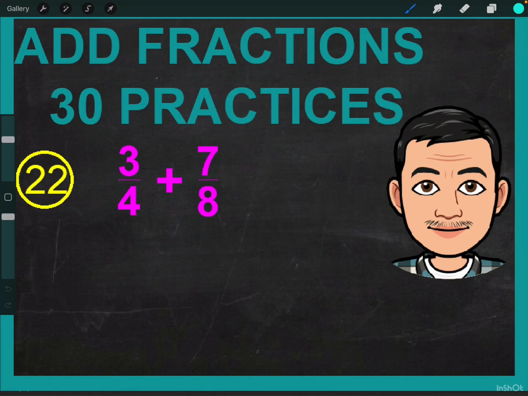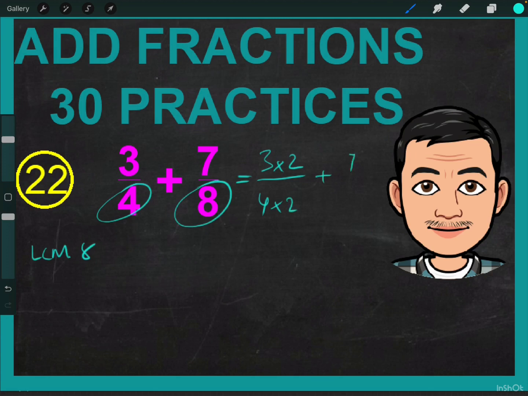Bracket number 22, we have two fractions with different denominators, 4 and 8, and we notice that 8 is double of 4, so the LCM is 8, and we will convert the fraction by multiplying 2 to both numerator and denominator, and the second fraction we keep the same, so we got 6 over 8 plus 7 over 8.